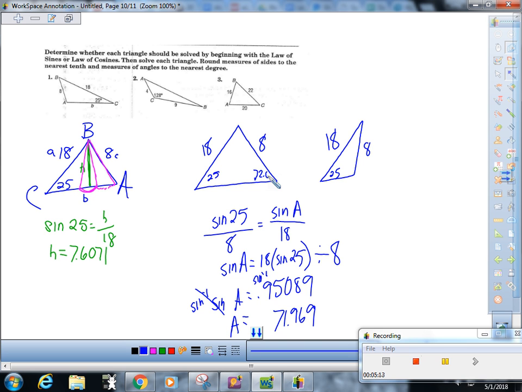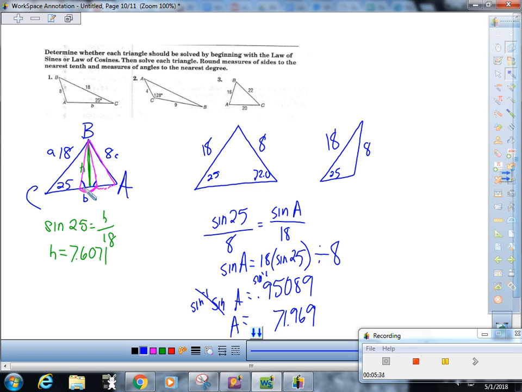What you have to understand is that is right here. Okay? And this pink triangle is isosceles.